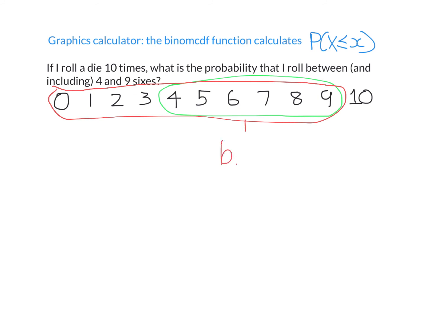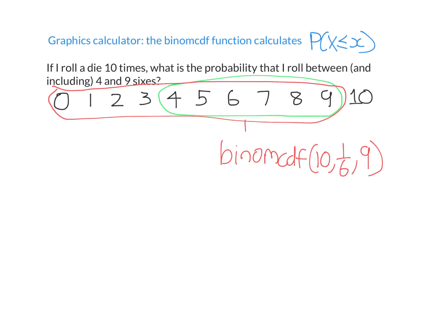So to do that, I go to my calculator. It's again in the distribution menu, binomial CDF. So here I have 10 trials. Probability of success is still a sixth, and I write 9. This CDF won't calculate the probability I get exactly 9 6s. It will calculate the probability I get 0 or 1 or 2 or 3 all the way up to 9 6s.